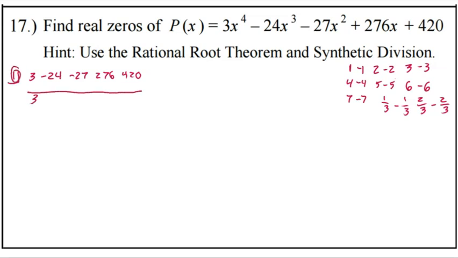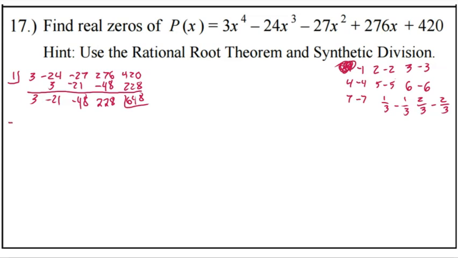Bring down the 3, times 1 is 3, minus 24 is negative 21, times 1 is negative 21, plus negative 27 is negative 48, times 1 is negative 48. Negative 48 and negative 276 is 228, times 1 is 228, and this is not going to be 0. This is like 648, and therefore 1 is not a factor.